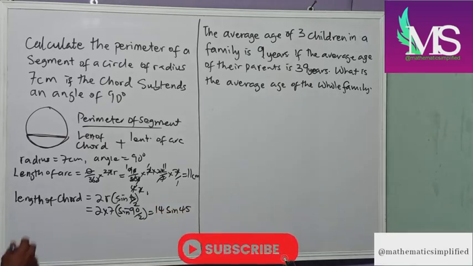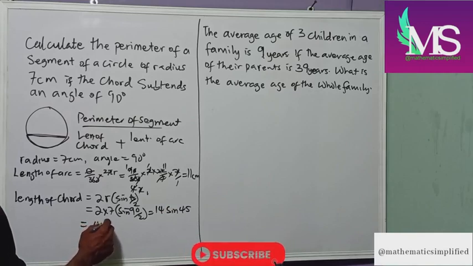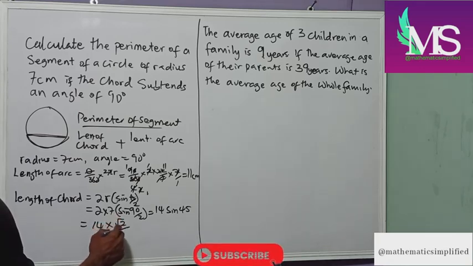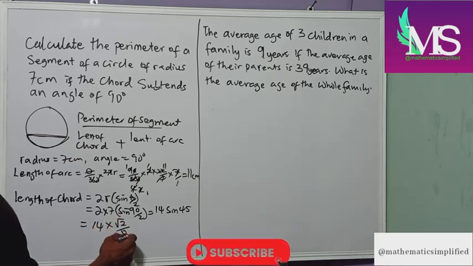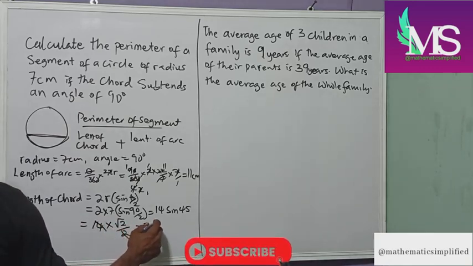And sine 45 is root 2 over 2, so 14 times root 2 over 2. This cancels to give us 7 root 2.